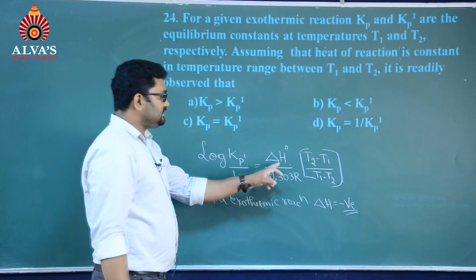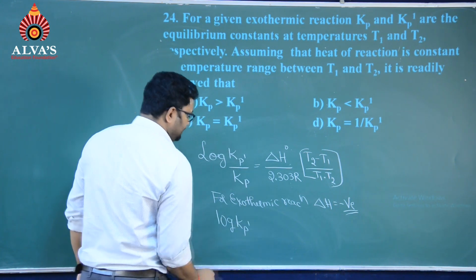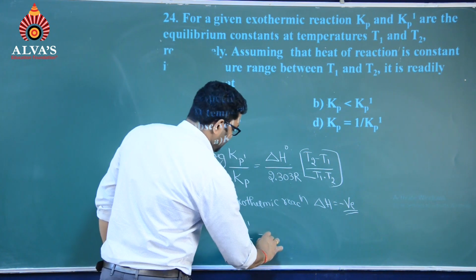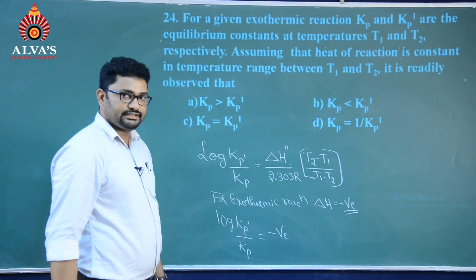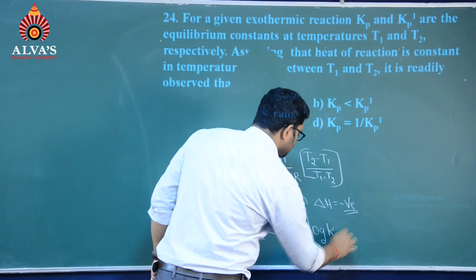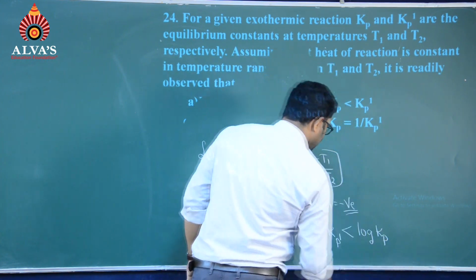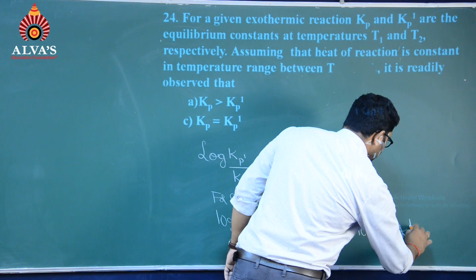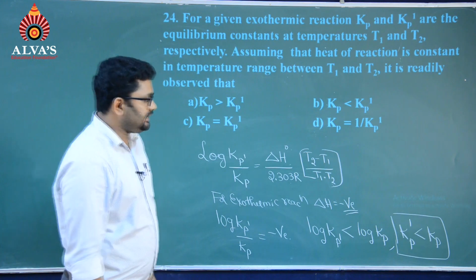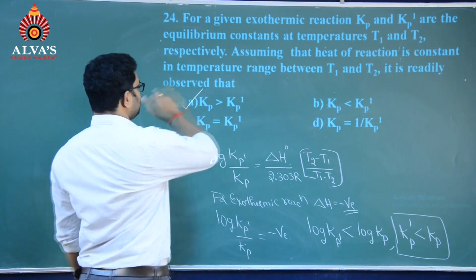Delta H negative means log Kp dash by Kp is negative. Now log Kp dash should be less than log Kp, and Kp dash should be less than Kp. Hence the answer is Kp dash is less than Kp, option A.